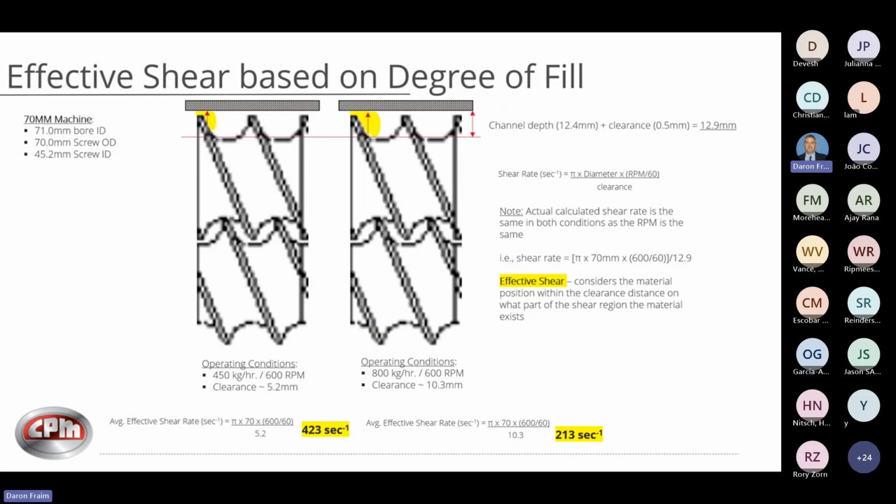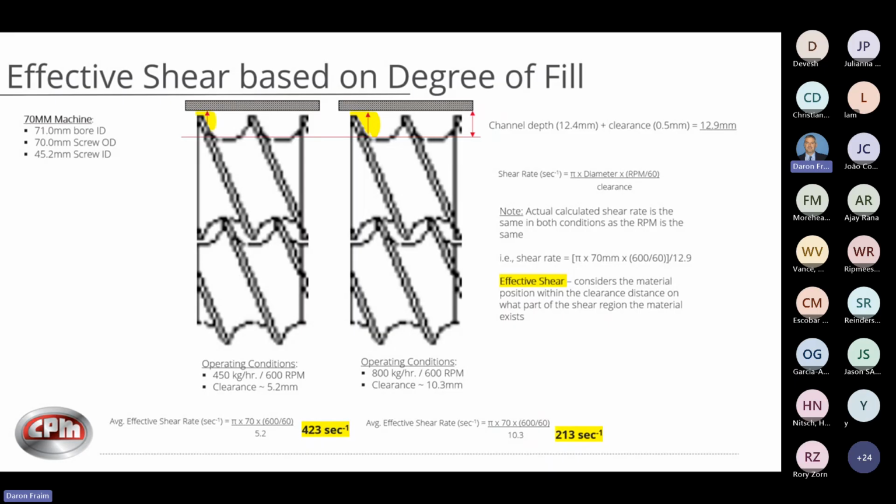And so, for example, on the left, I've got a lower degree of fill condition. I'm at approximately 5.2 millimeters clearance there within that material volume fraction. So I'm getting about 423 reciprocal seconds. On the right side, I'm in a higher filled condition. You can see I'm at 800 kilograms an hour at the same RPM.